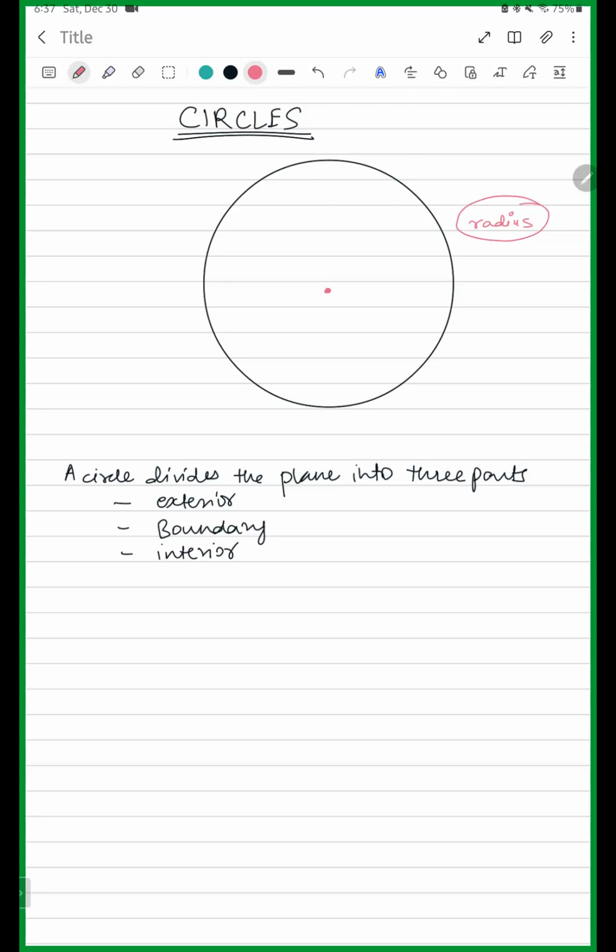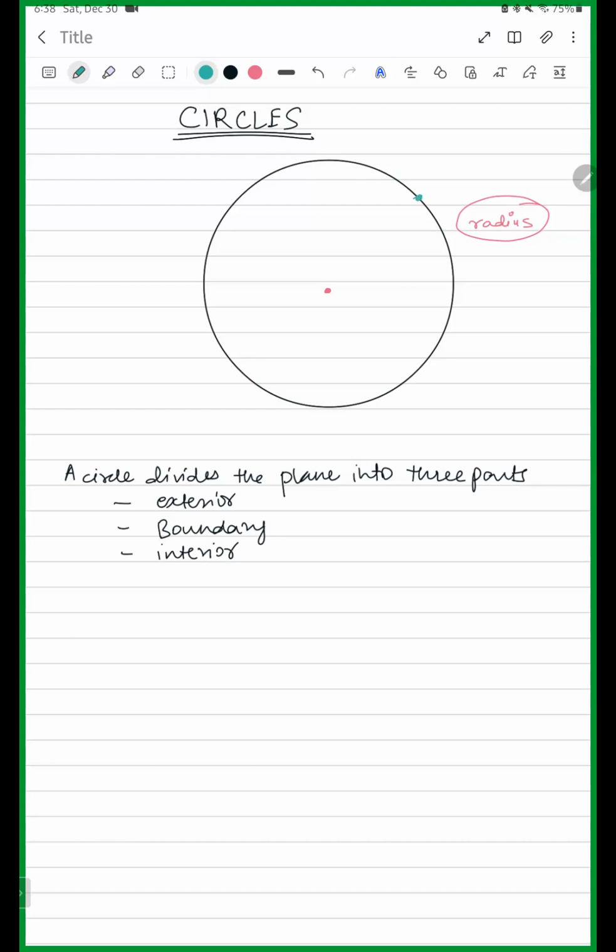A circle is that figure, that shape, whose every point is at an equal distance from the center. I'm giving a very rough definition.